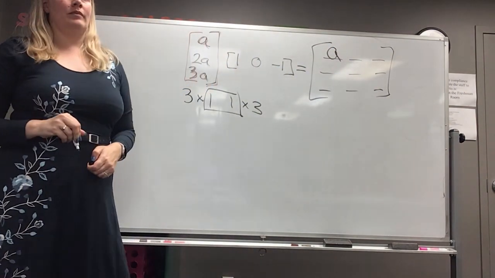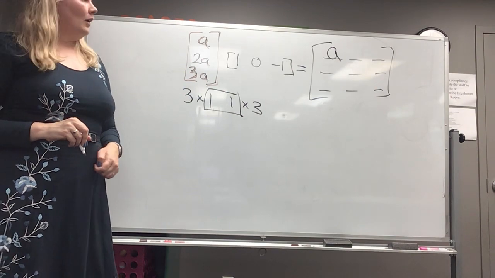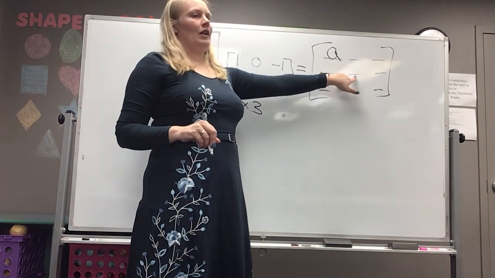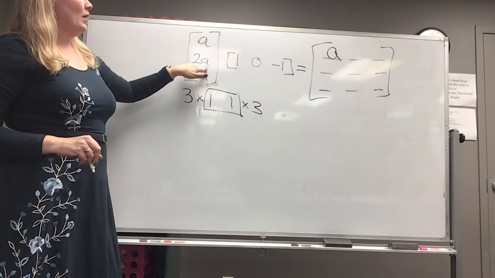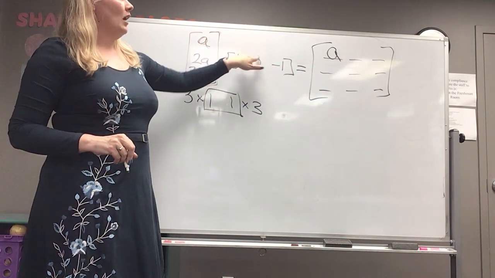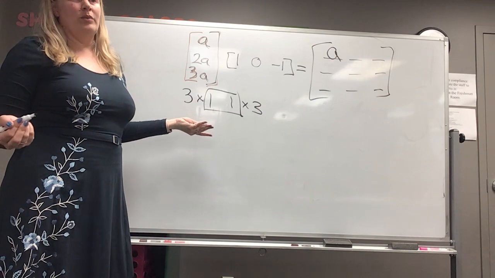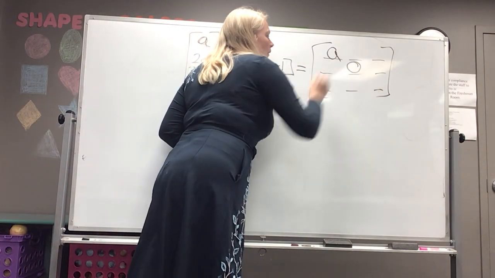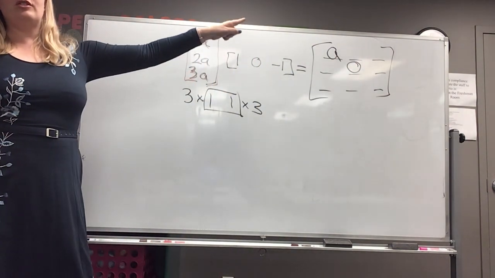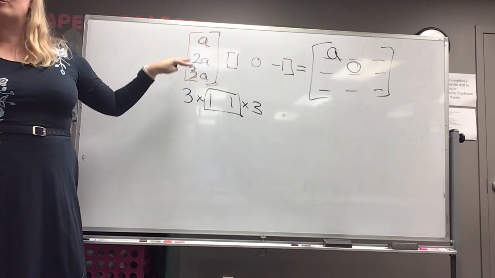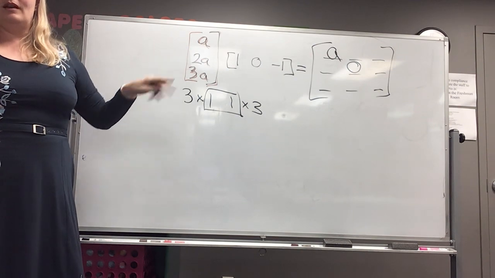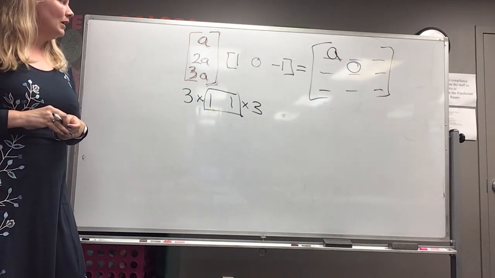A. If I want the second row by the second column, I'm going to multiply our second row, 2A, by our second column, it's 0. And so the position on your answer tells you where you are getting that from the multiplication. And that is how I help keep it organized.